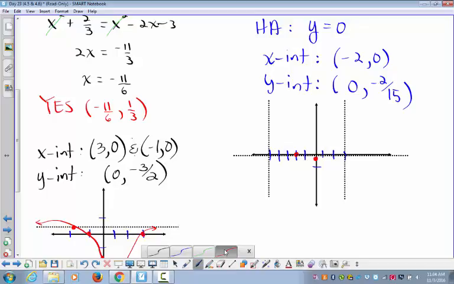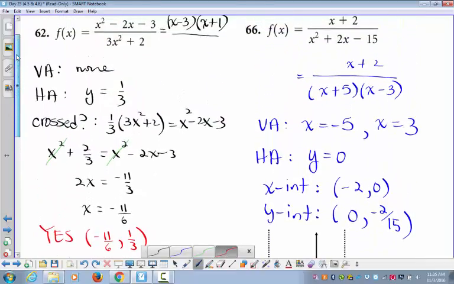But here, do we know whether we cross the x-axis at that x-intercept there? Could be a touch or a cross, right? How did we determine whether x-intercepts were touches or crossed? Multiplicity. If we went up and looked at that 0 right there, what's the multiplicity of that 0?